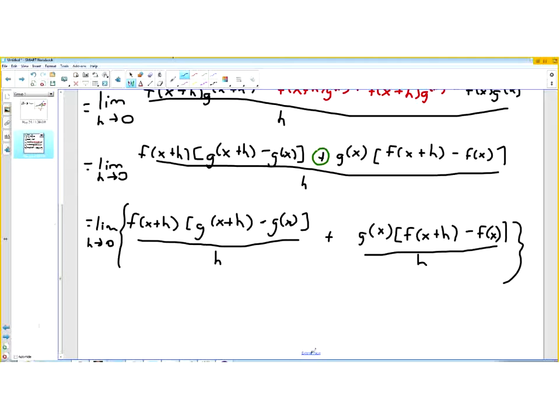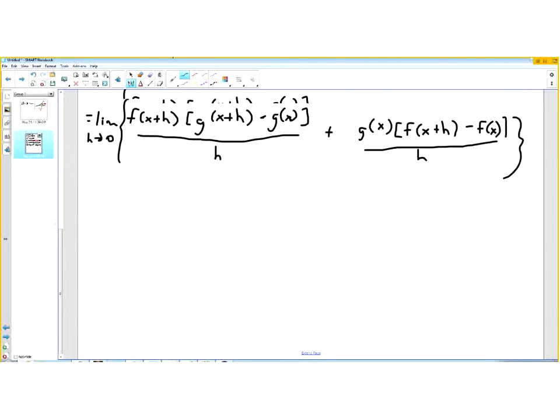Now it's just a matter of playing with the limit laws. I can distribute the limit operator term by term.